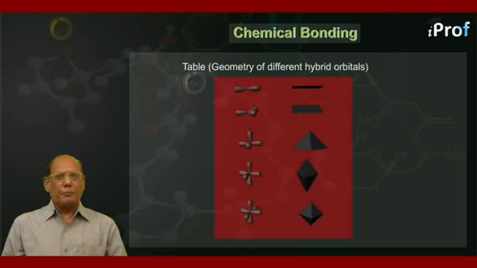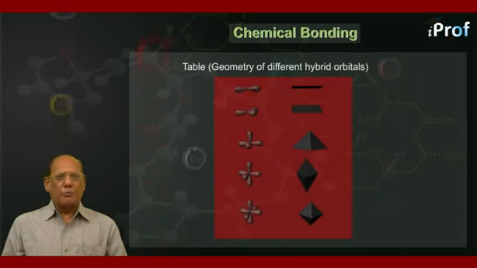As a result of sp2 hybridization, three sp2 hybrid orbitals are formed and they are directed towards the three corners of an equilateral triangle. So the geometry is plane triangular. The angle between the two hybrid orbitals is obviously 120 degrees.